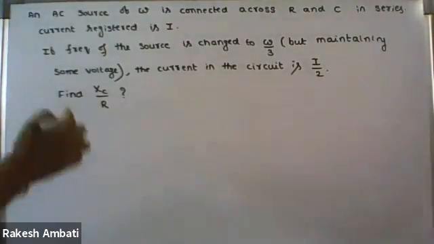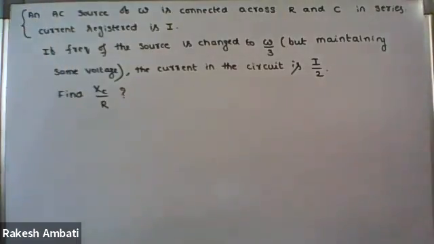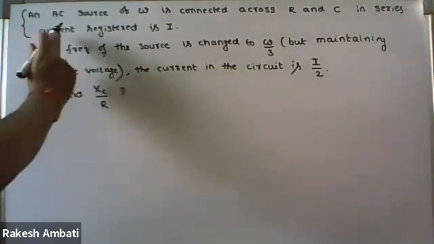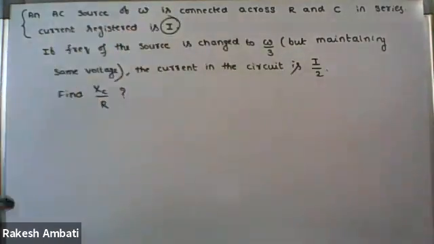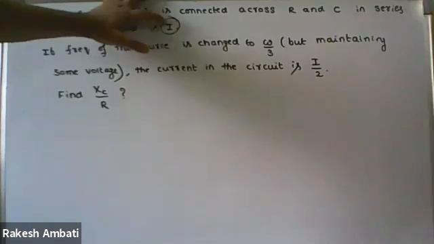Okay, so do fast. In the first case, the current registered, this reading I, means I naught or IRMS.